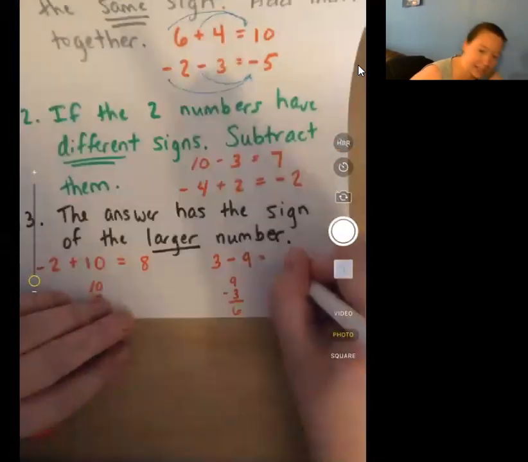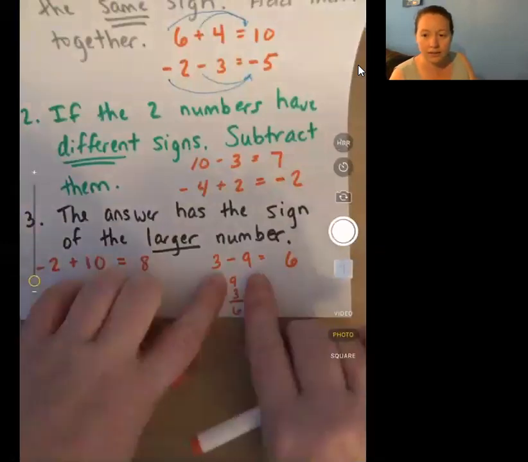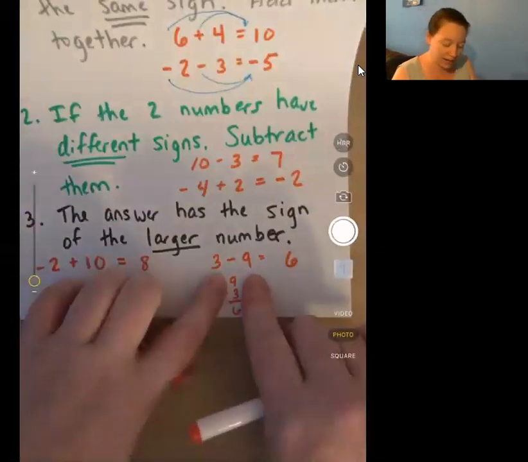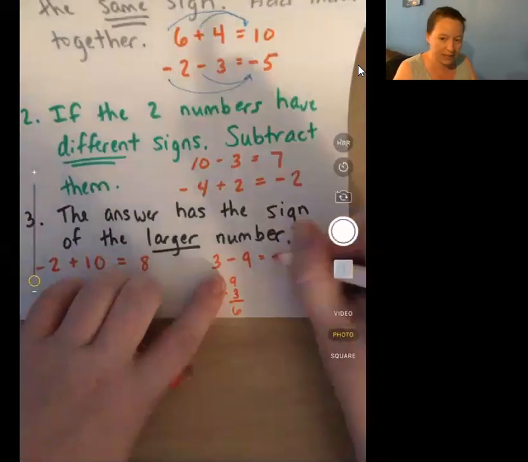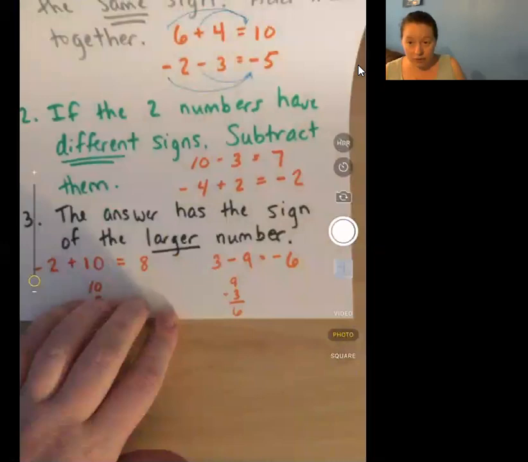So I put down my 6 there. And then I look. What's larger, the 3 or the 9? The 9 is. The 9 is a negative, so my answer is a negative. And that is how it will always work out every single time.